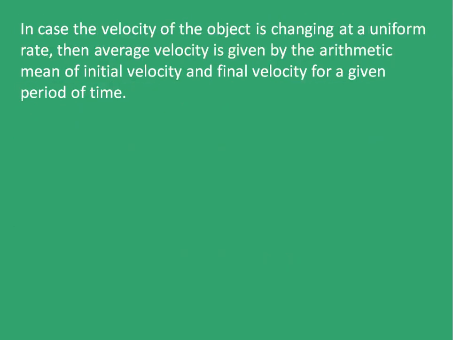In case the velocity of an object is changing at a uniform rate, then velocity is given by the arithmetic mean of initial velocity and the final velocity for a given period of time. So let's say we have point A and point B. An object starts moving from point A to point B. Initially the object has a velocity u, and when it reaches point B it has velocity v.